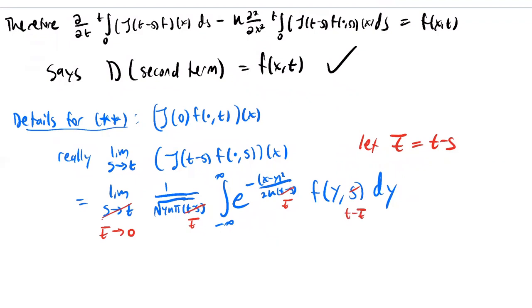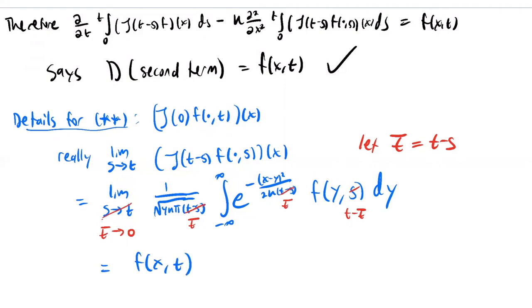And so then as I let t bar go to 0, you can think of this as like the solution formula to the homogeneous problem with initial condition f. And so then when I take the limit, I should just get f at x, right? So this is just equal to f of x at time t, right?